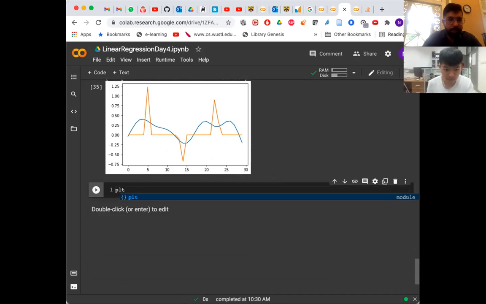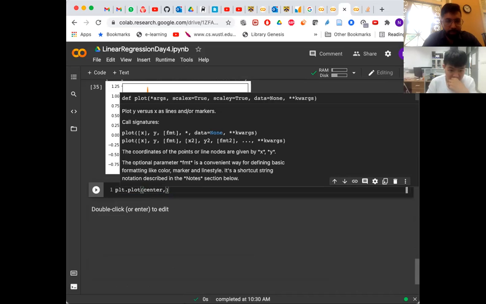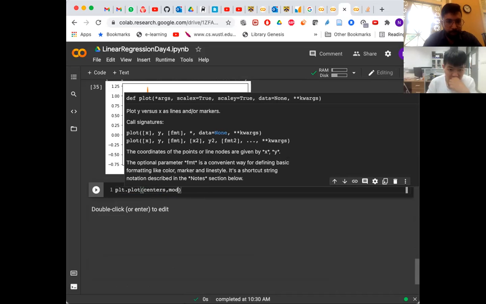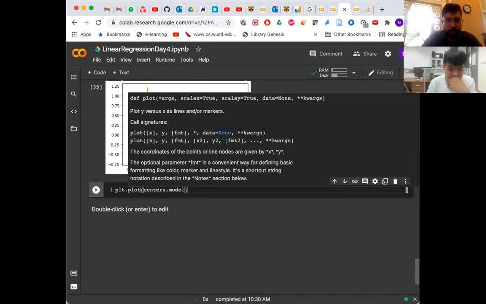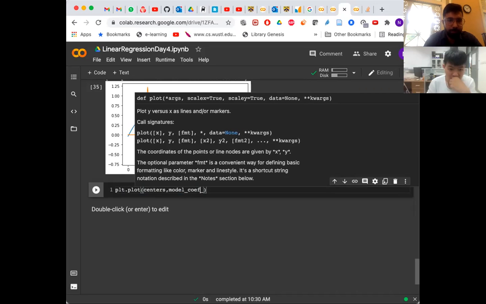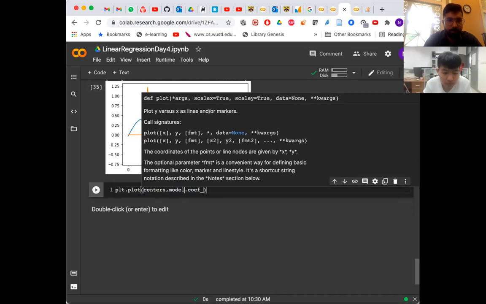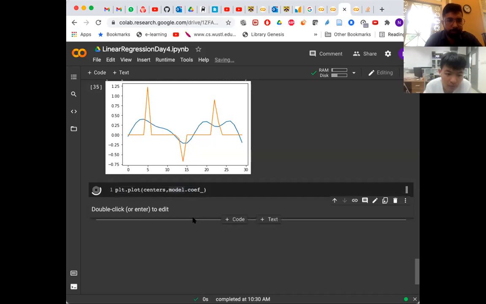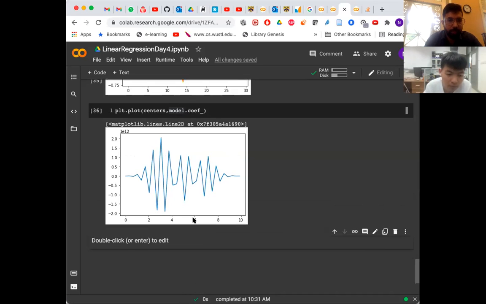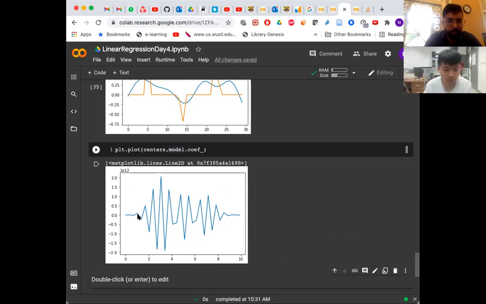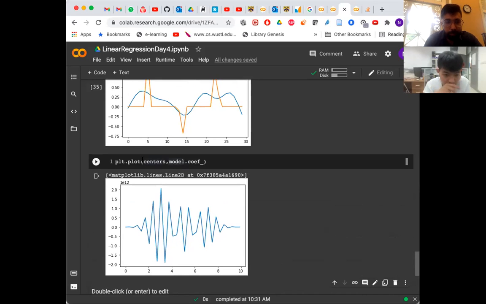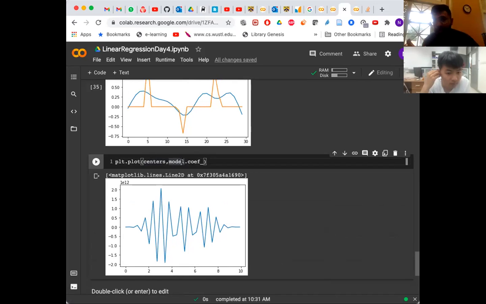So plt.plot and centers, model. Okay, can somebody explain to me what's going on in here? So I'm plotting the size of the weight of each base corresponding to the location of that base.